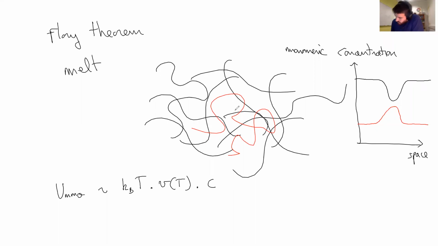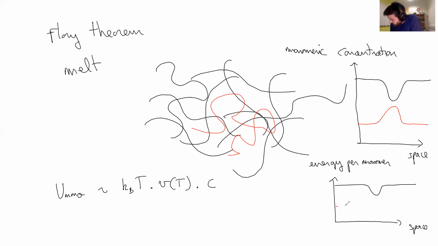So now I can compute the energy per monomer, again as a function of space. Well, basically, you immediately see, and again, there is an arbitrary shift for clarity, but you have this.